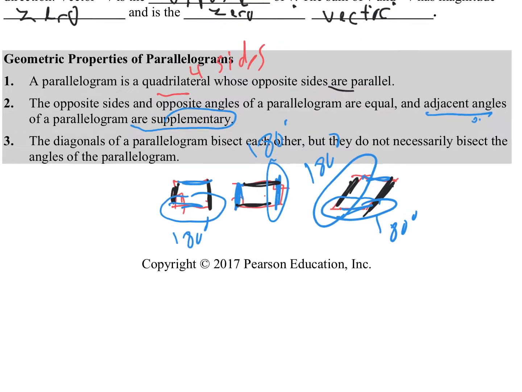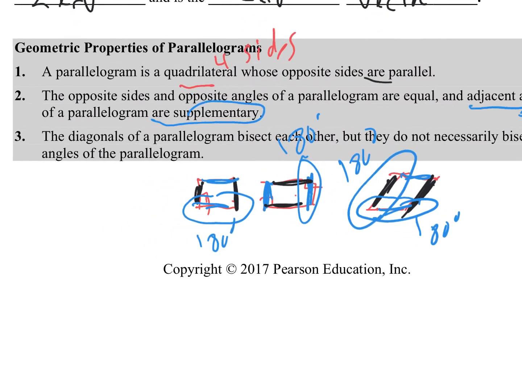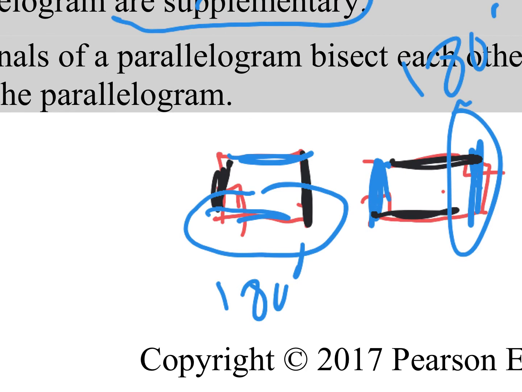The diagonals of a parallelogram bisect each other. Let's look at each of these parallelograms. If I draw a diagonal from that corner to that corner, and I draw a diagonal from that corner to that corner, they bisect each other.